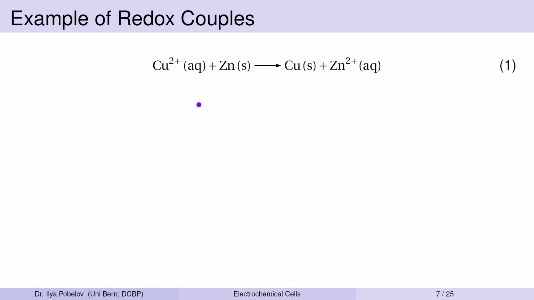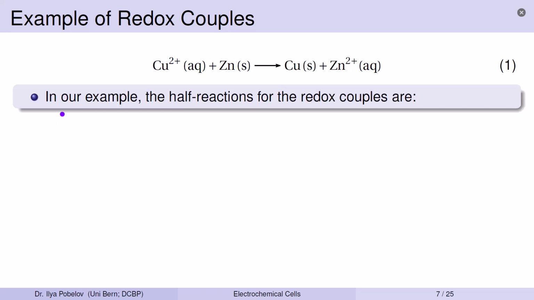Continuing with our example involving copper and zinc, the half reactions for the redox couples are as follows. For the copper redox couple, the half reaction is Cu2+ plus 2 electrons produces a copper atom.